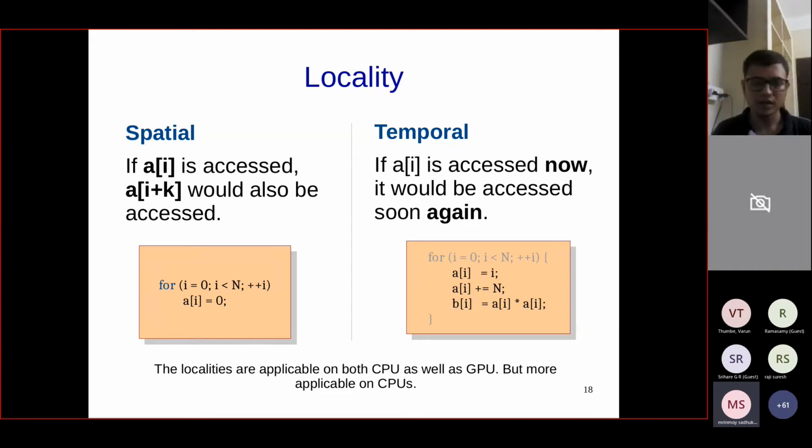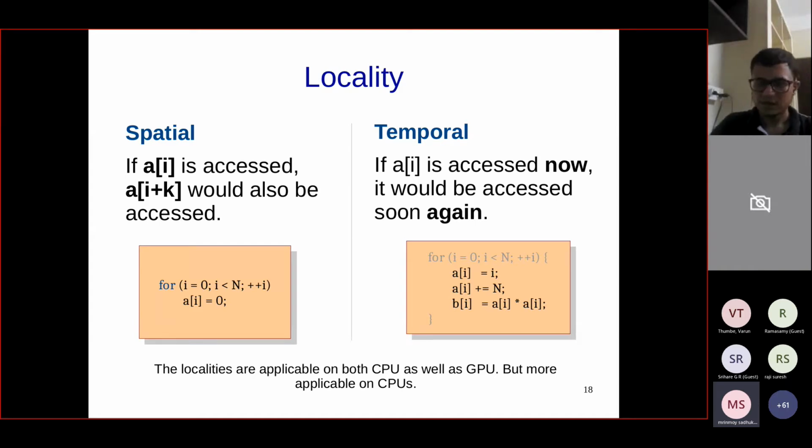Both CPU and GPU are designed to exploit these temporal and spatial localities. But the crucial point here is that these localities are more applicable on CPU, because on GPU we have a large number of threads, and the per-thread memory available for cache is very limited. Hence both of these localities are more applicable on CPU rather than GPUs.